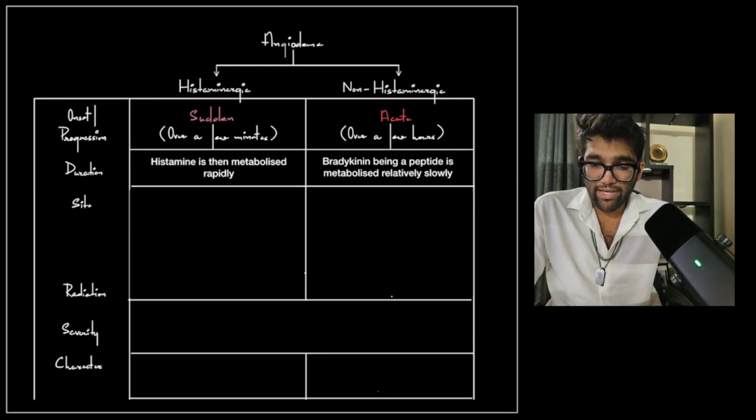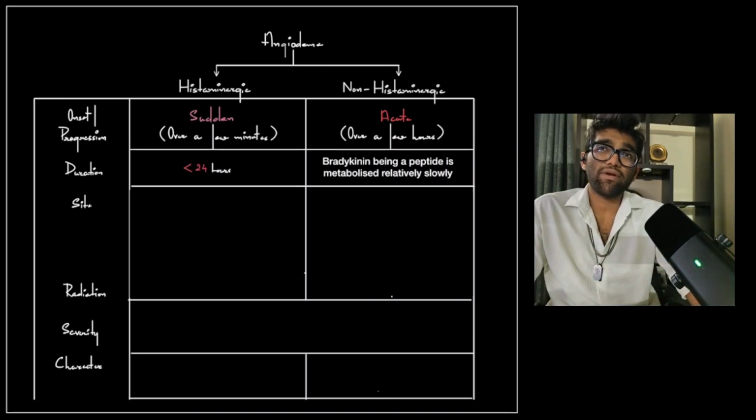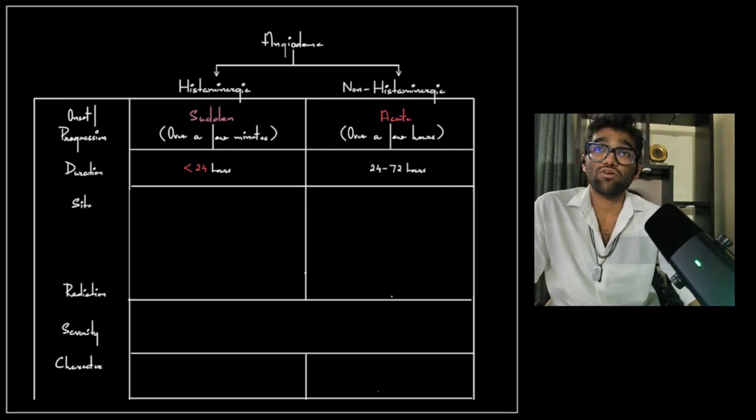Then bradykinin, being a peptide, is also metabolized relatively slowly. Therefore, histaminergic angioedema resolves very rapidly, within 24 hours, whereas non-histaminergic angioedema takes a longer time to resolve, usually 24 to 72 hours.